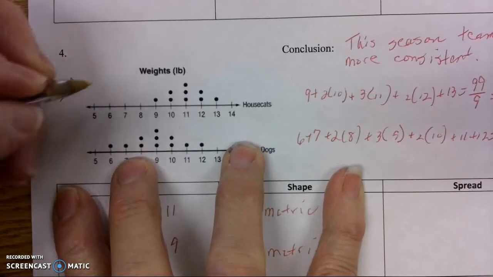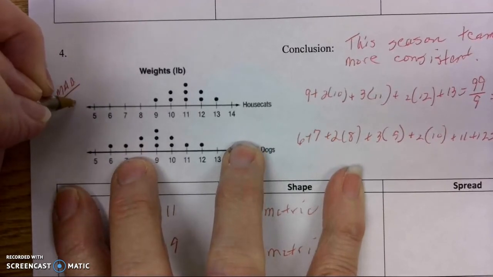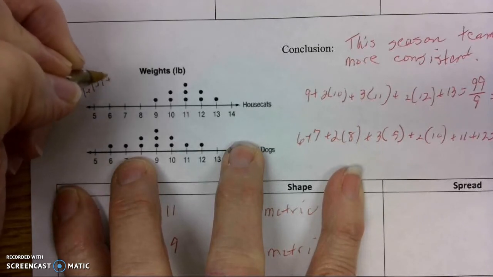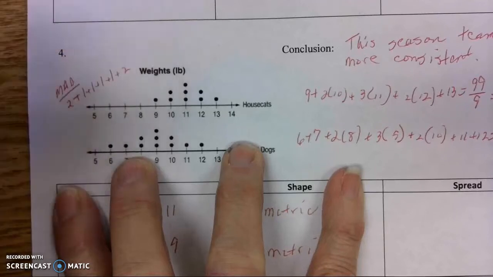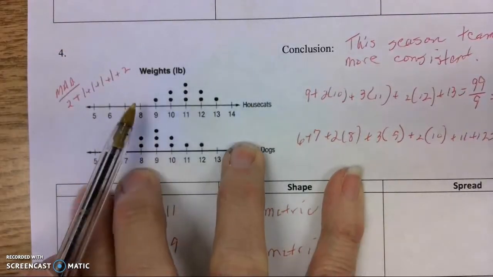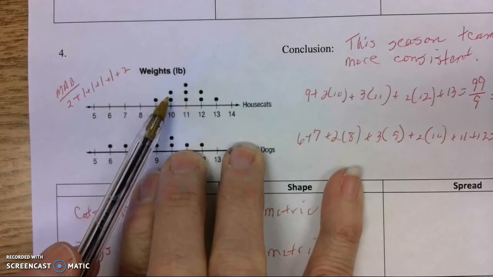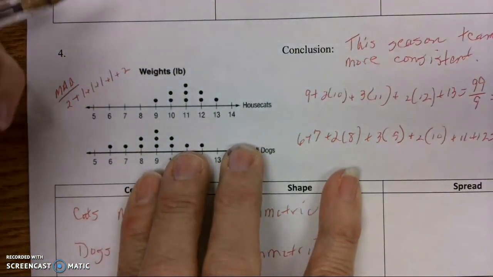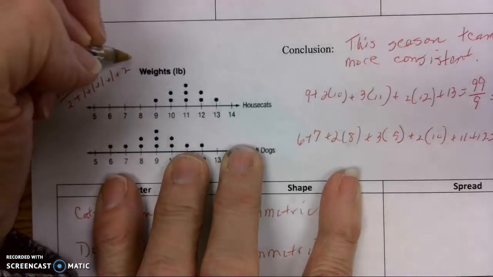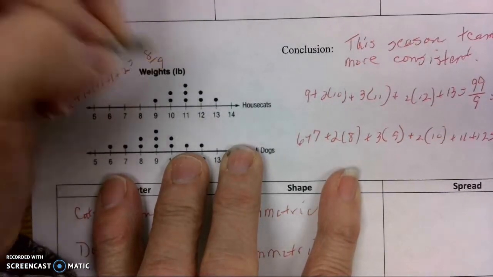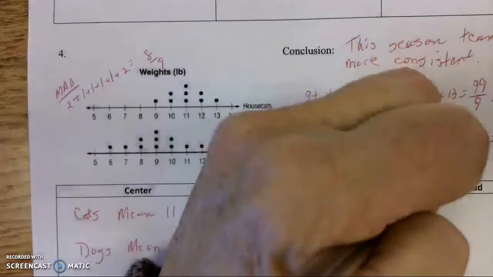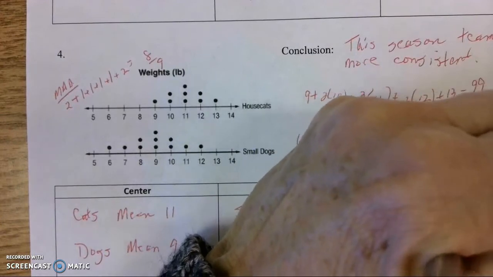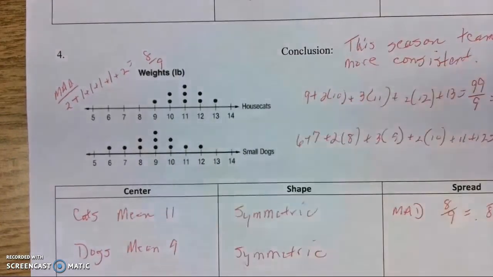On house cats, there's a difference of 2, and then 1, 2, 3, 4, and then 2. I'm getting that by taking 11 minus 9, 11 minus 10, 11 minus 10, 12 minus 11, 12 minus 11. So that's going to give me 8, and I'm going to divide 8 by 9 so that the MAD is 8/9 or 0.8 repeating.